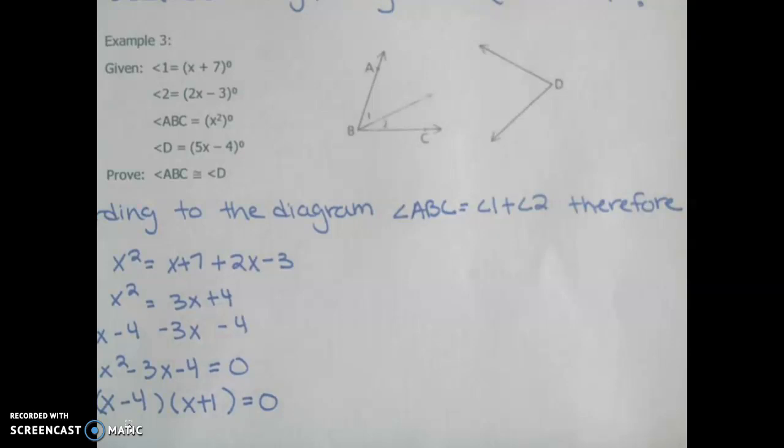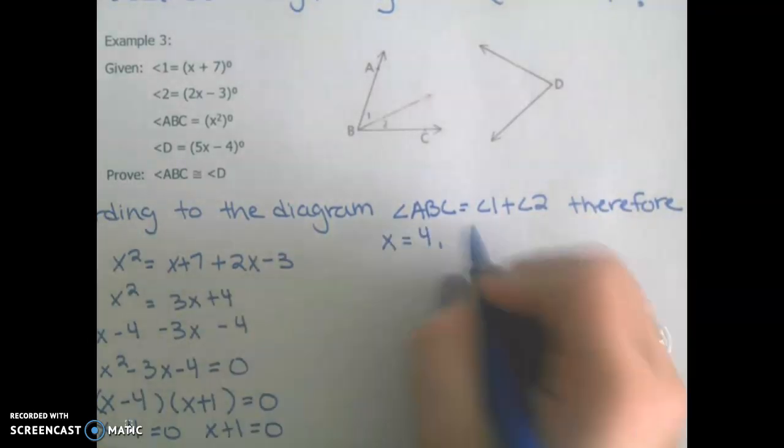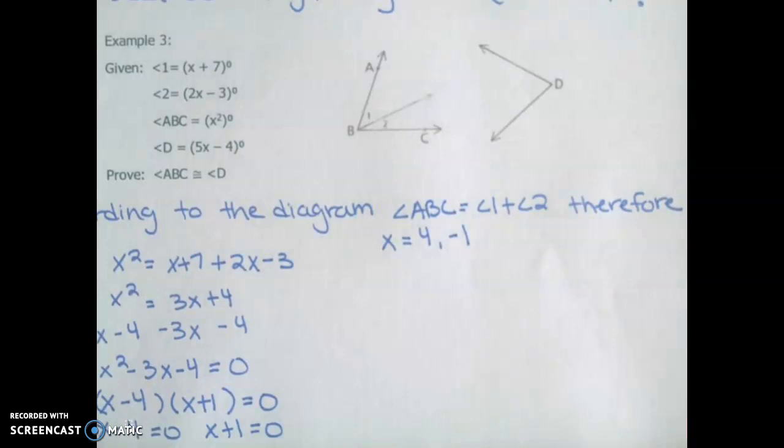And then to solve for x, I have to set each parentheses equal to 0. And when I solve each of those, I get that x could be positive 4 or negative 1. Now, only one of these is going to be a possible solution, and I need to test out which one.